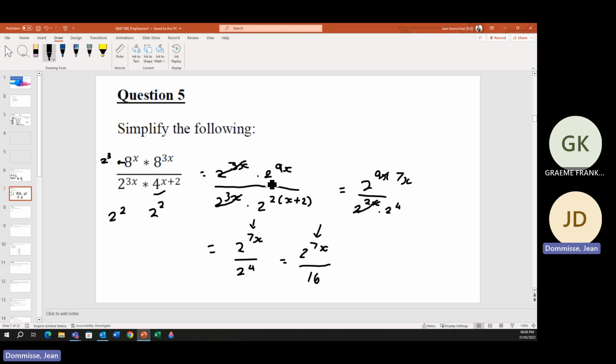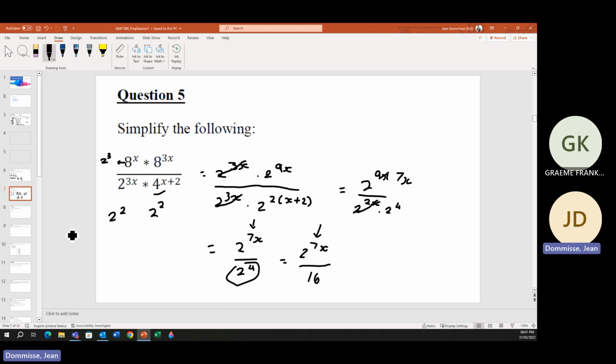And when we get to the final answer, depending on what your final answers will be in the assignments, you can leave it as that, or sometimes they will want you to actually multiply that out. Okay, so that's another question, basically just on simplification, but using some of your exponents, and to see what will be left over when you use the exponents.